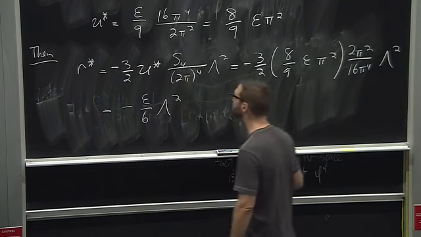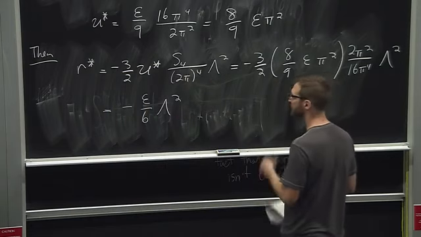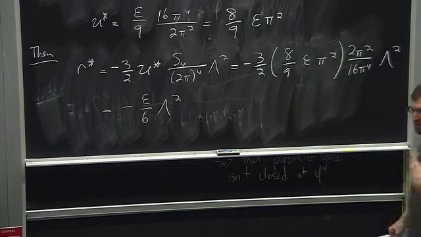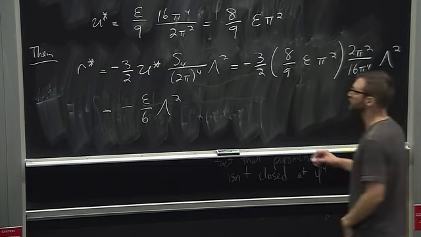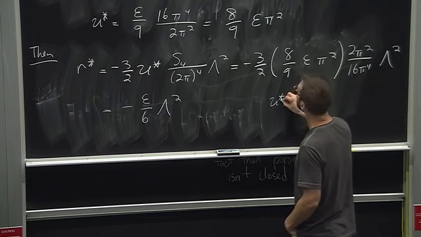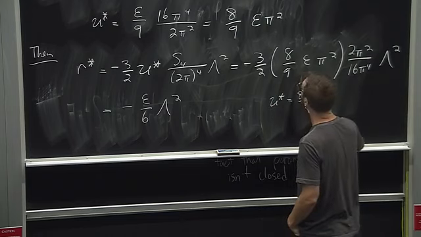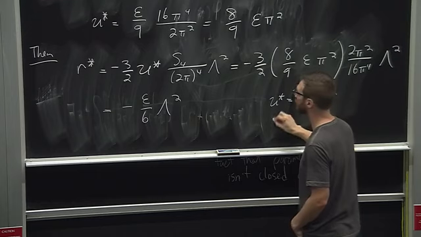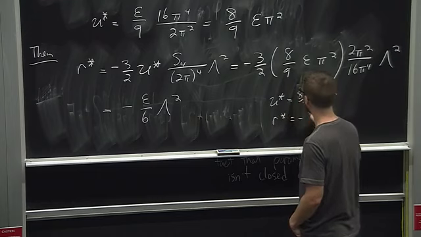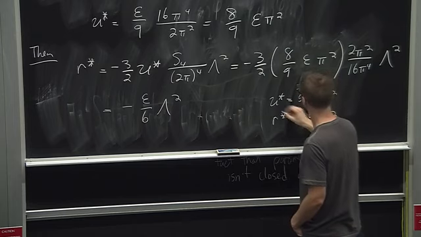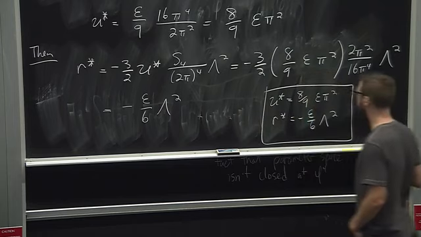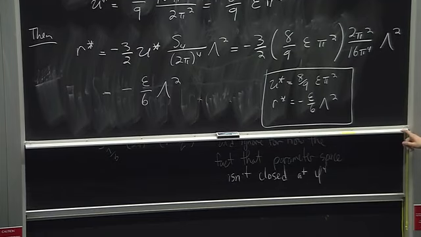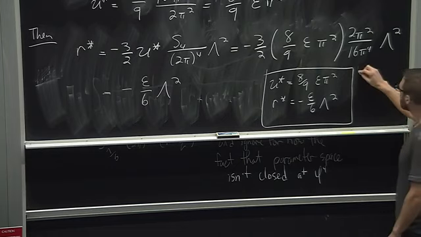Yeah, and that's right. So it's also linear in epsilon. So that's the ones we'll use. Okay, so that's the Wilson-Fisher fixed point.